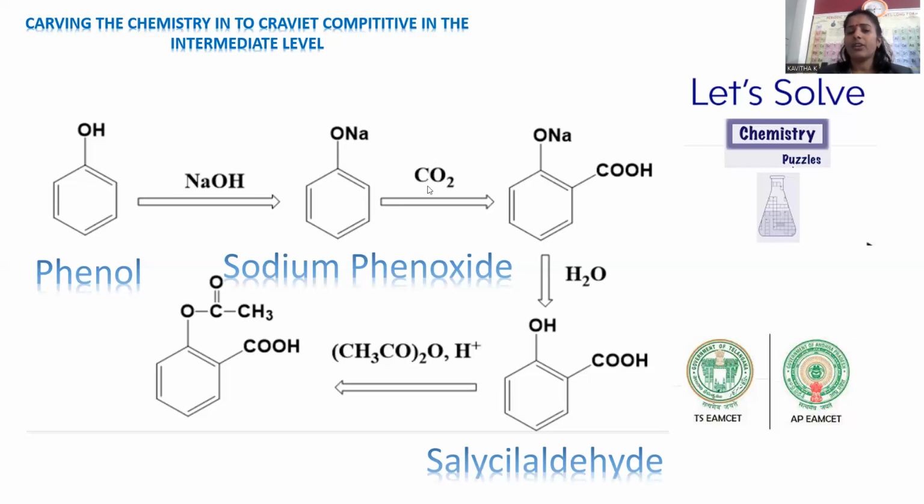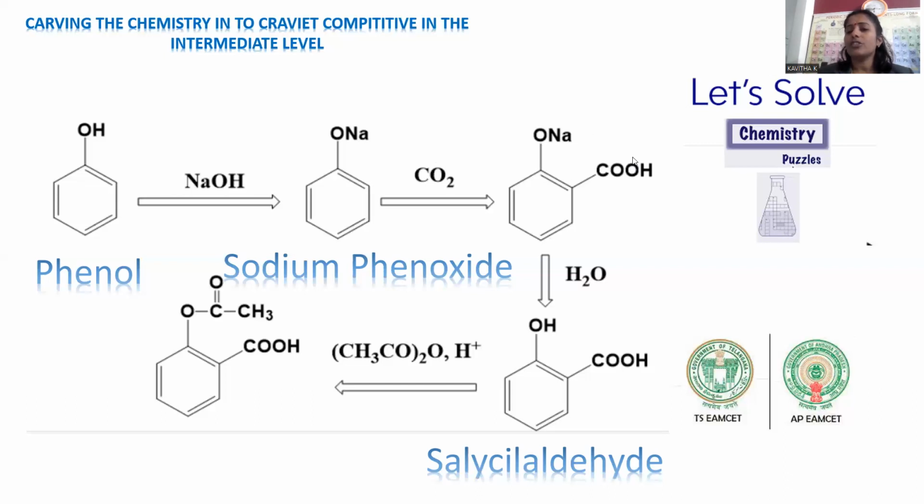Whenever carbon dioxide is treated, we have two possibilities: occupation of carboxylic acid at the ortho and para as well. But specifically, we will get the ortho substituted product as the predominant one rather than para substituted. Though we have a 50% possibility, only the ortho substituted product is generated. The reason behind this is the formation of hydrogen bonding.